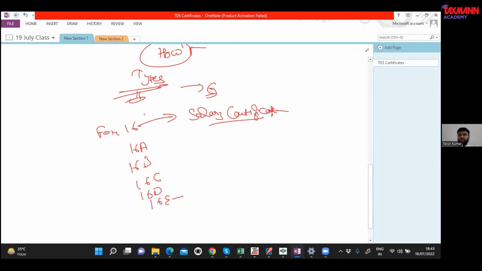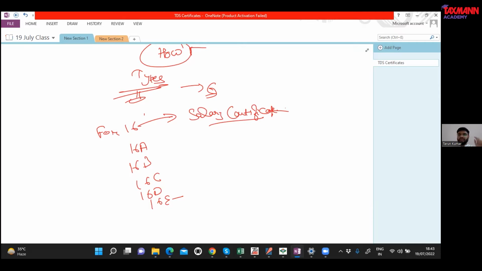So form 16 is the basic document which we ask for from the employees and salaried class, which is issued by their employer, who is a deductor. And that has to be downloaded from the government portal. That is very important thing which you all need to remember. Earlier, these TDS certificates were issued manually. But now these all certificates are to be downloaded from the TRACES portal.